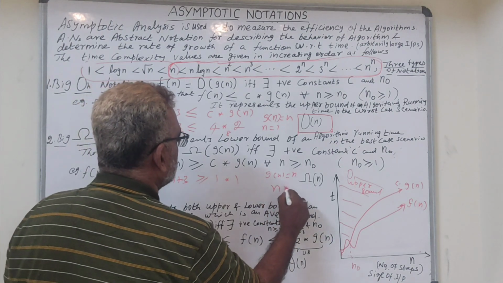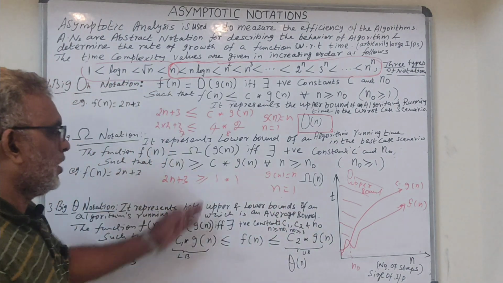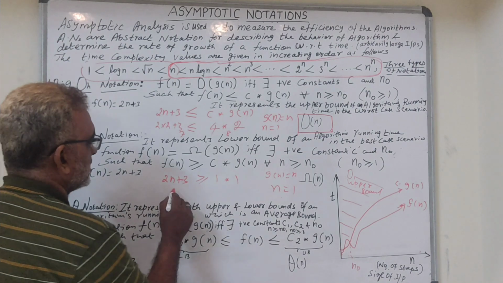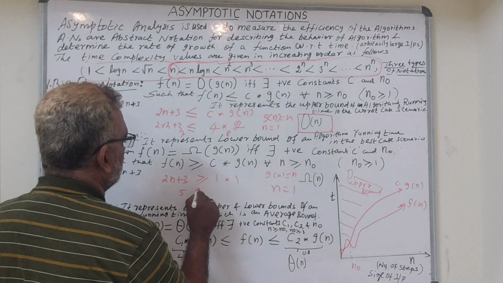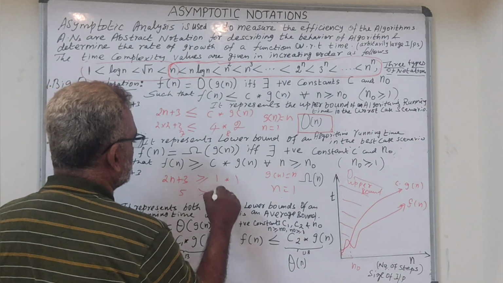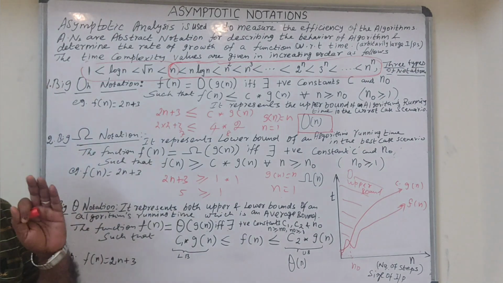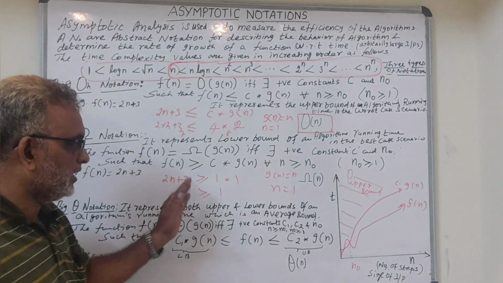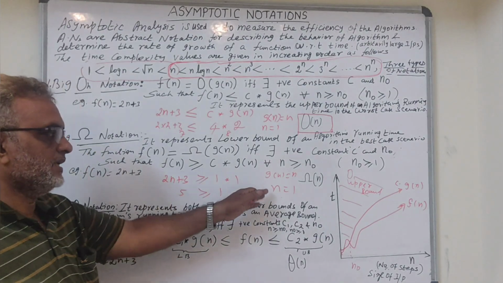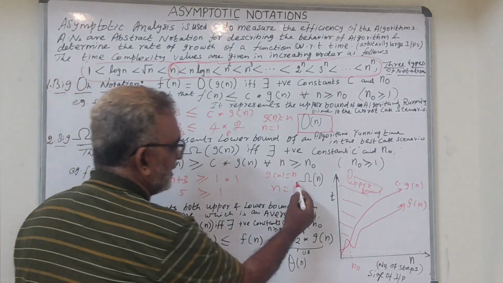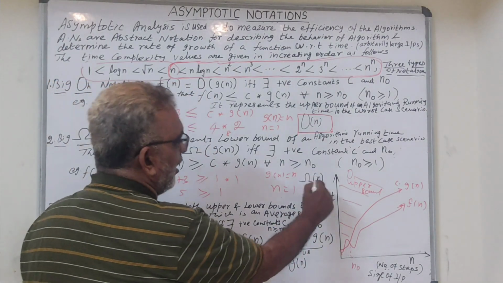So if the value of n is equal to 1, it is 1 into 1. So what is the condition? It is 5. 5 is greater than or equal to this 1. This is the minimum value, the minimum condition. So this can be written as big omega of n.